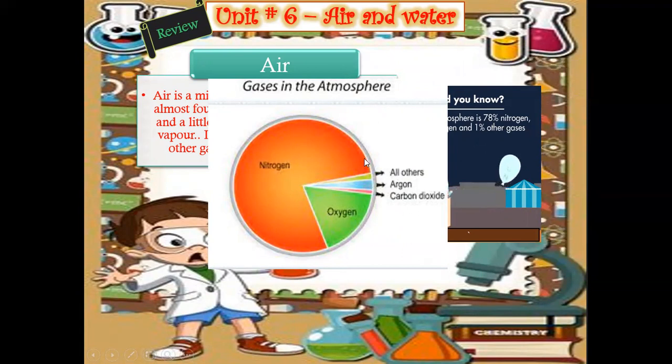The composition of air is 78% nitrogen, 21% oxygen and 1% other gases like argon, carbon dioxide, etc.